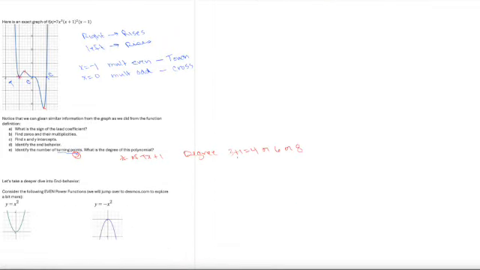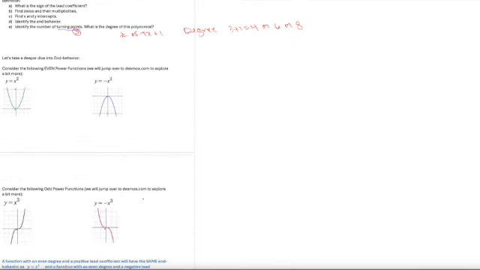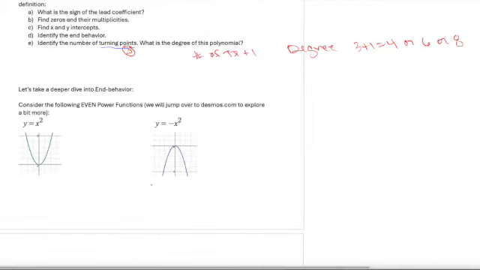So let's dig a little bit deeper into the why behind some of these things. I want to talk about end behavior and power functions. Okay, so consider the following even power functions. y equals x squared is considered a power function, a variable to a power. We would say this is even because the exponent is even. And we know what y equals x squared looks like, and we know what the end behavior is, right?